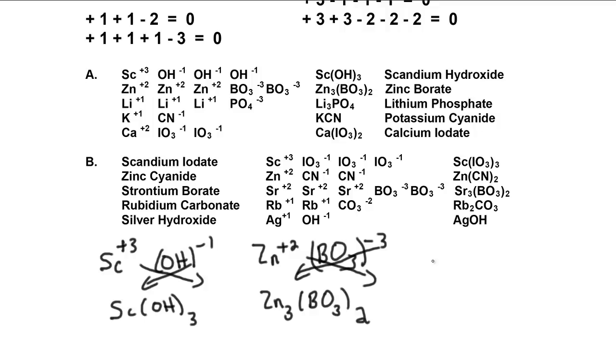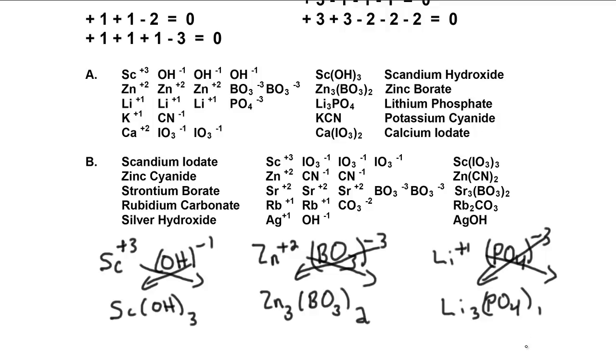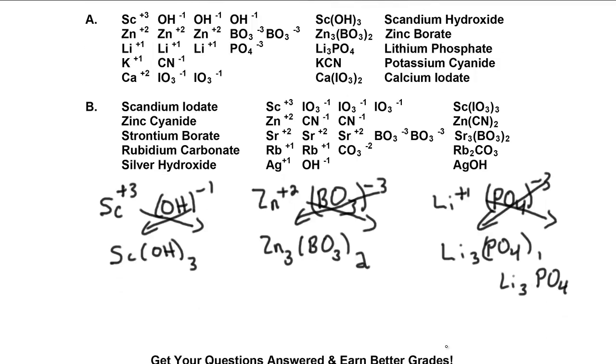Lithium phosphate. Lithium is a +1. Phosphate, PO4, that's a -3. So bring these over and we'll get Li3PO4, and there's one of them, so we'll have Li3PO4, lithium phosphate, as our chemical compound. Potassium cyanide.